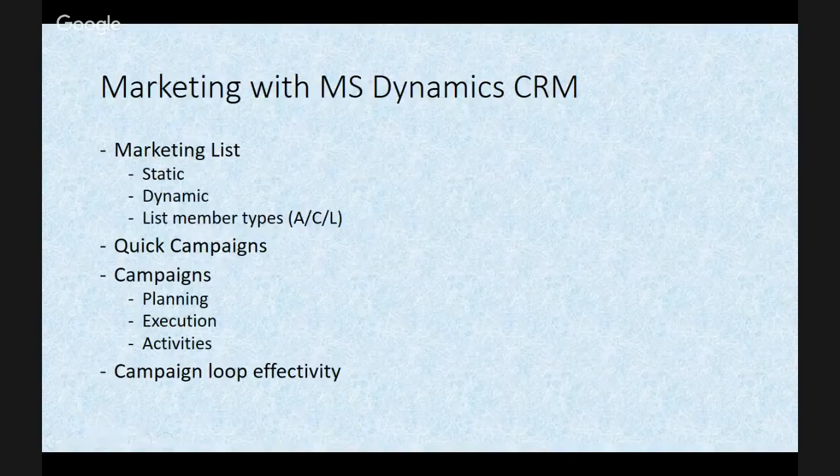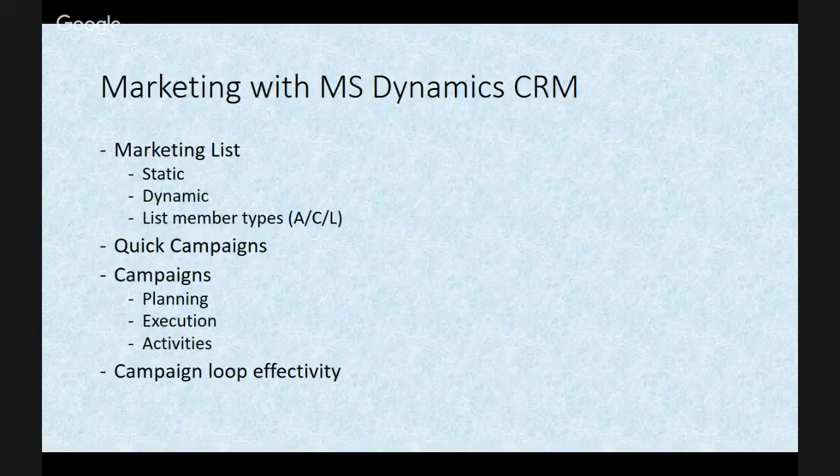Today's agenda is, of course, we will be covering marketing lists, the nature of marketing lists, as they could be static, dynamic, and the member types in the marketing list that you can target with the new campaigns. Then we have a feature in Microsoft Dynamics CRM called Quick Campaigns.